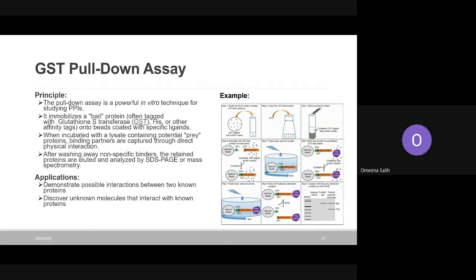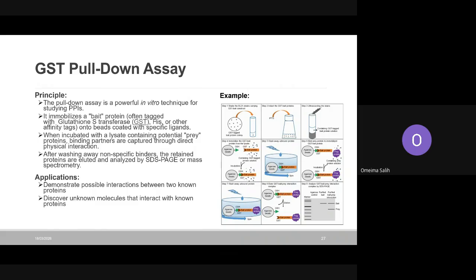One of the in vitro methods is what we call the GST, or glutathione S transferase, and this is an in vitro technique for studying protein-protein interaction.